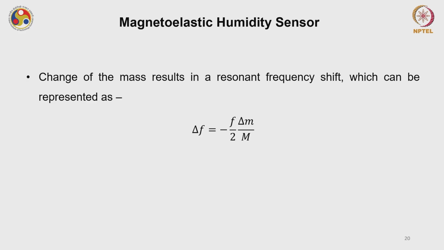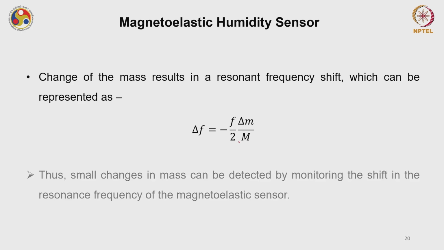We'll see this phenomenon with one example. The change of mass results in a resonant frequency shift, which can be represented by delta F equal to minus F by 2 delta M by M, where M is the mass of the substrate and delta M is the change in the mass.